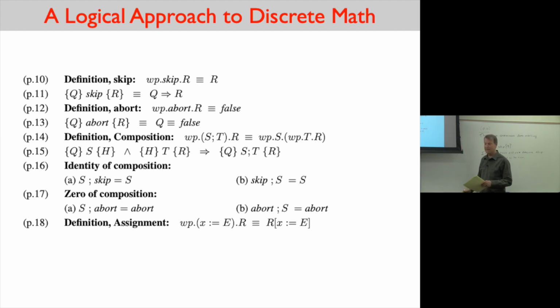P.10 has the weakest precondition things, but in P.11 we have a Hoare triple. Yeah, use the whole triple definition. So proof of P.11, you'll get it. This is a short one. Proof of P.11 is homework.